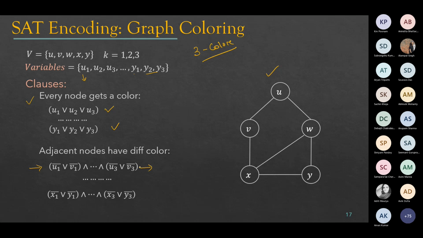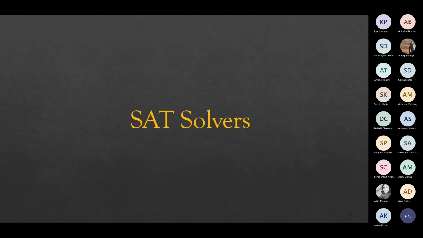And I hope this is understandable given the description in the earlier slide, right? So again, we see that we can encode a graph coloring problem which we have solved using CSP in the satisfiability domain. And finally, we need to find a satisfiable assignment of all the variables that we have listed in our problem encoding, right?